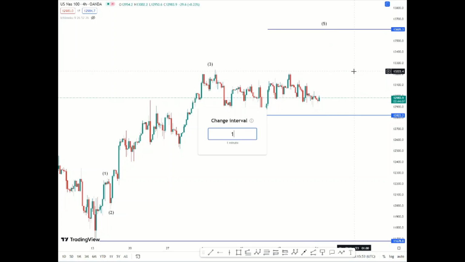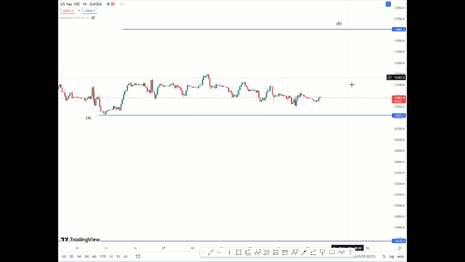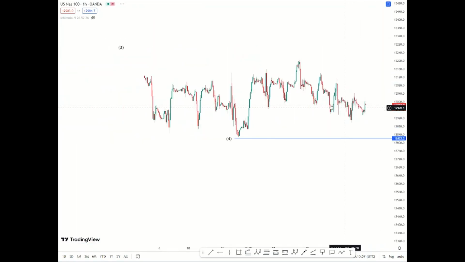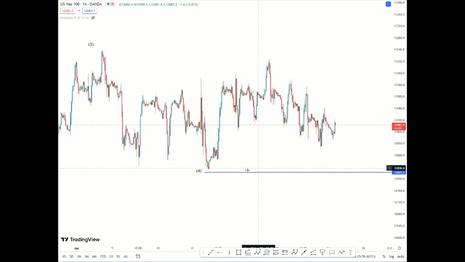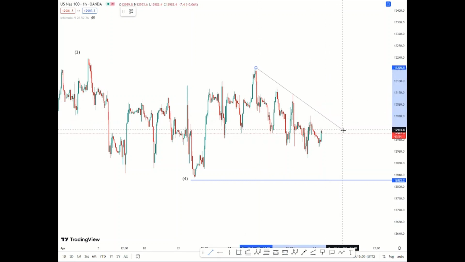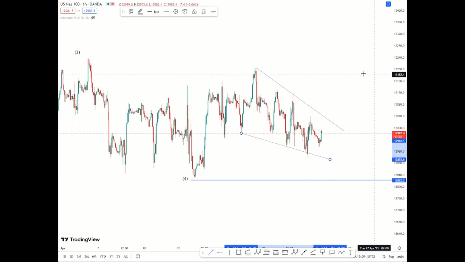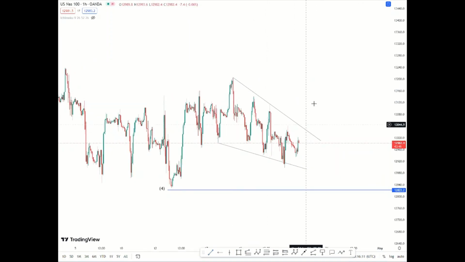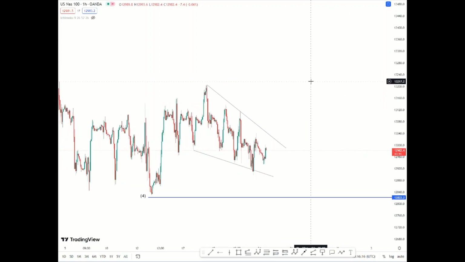So let's go to 1 hour time frame and then see what is happening. Over here we can just have this, right? So if we break it, we confirm our trend. We can just have this. So if we break this, we're gonna need an APC in this direction, and then we continuously go higher and higher.